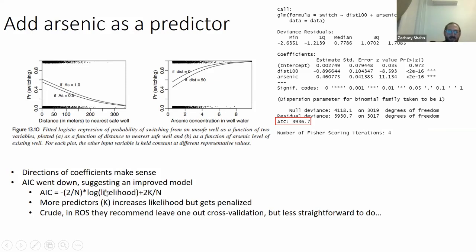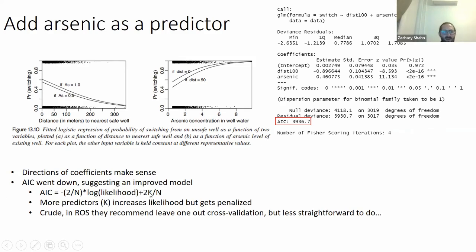But then you're also adding, as part of this formula, 2 times the number of predictors divided by n. So there's this penalty factor for adding more predictors, because if you add more predictors, you're always going to increase your likelihood. You'll be able to fit the data more closely and get a better likelihood.